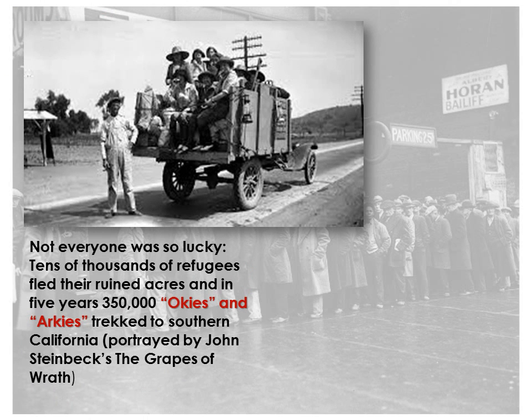Of course, not everybody is so lucky as to have their land bought back for a penny. You've got tens of thousands of these refugees who have to abandon their plots in Texas or Oklahoma or in the worst affected areas. And they flee. They go further west. These are called the Okies or the Arkies.